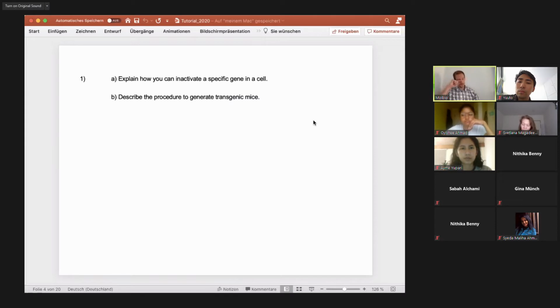And then what? You have an embryo with a couple of cells in a mouse. How is that going to give you a transgenic mouse in the end?